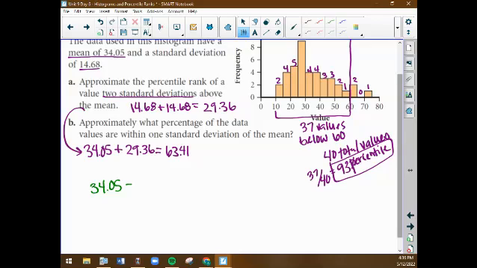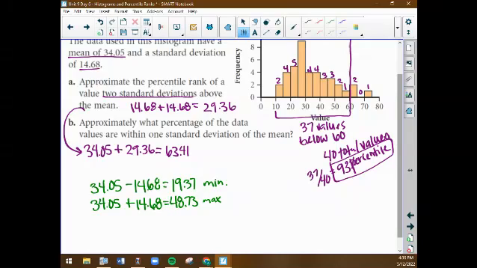So I take my mean and subtract one standard deviation, and when I do that, I get 19.37. This is my minimum, one standard deviation less than the mean. Then I find one standard deviation greater than the mean. So I add 14.68, and when I do that, I get 48.73. This is my max.